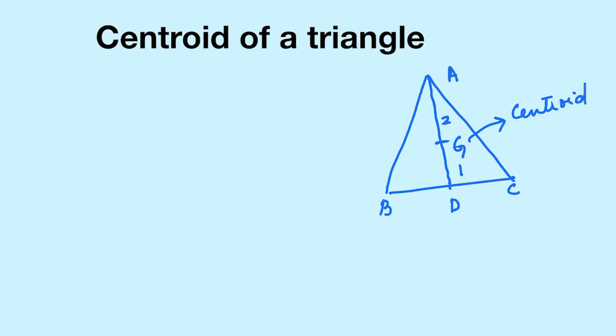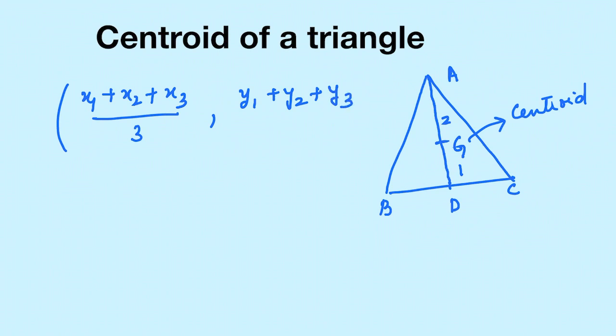And if I'm given all the 3 vertices, say x1, y1, x2, y2 and x3, y3, then the centroid is given by x1 plus x2 plus x3 by 3, y1 plus y2 plus y3 by 3. This formula has been derived using the section formula. This is the coordinates of this point G.